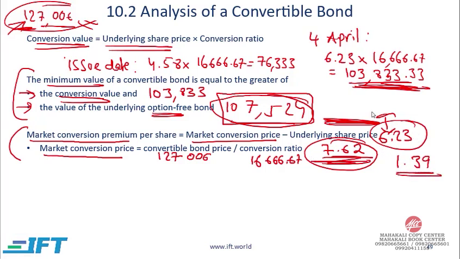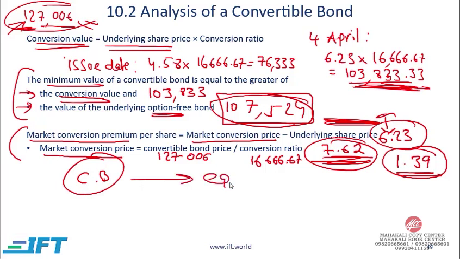Based on these three numbers, we can also come up with the market conversion premium ratio. That is simply the premium of 1.39 divided by 6.23, which is 22.32%.